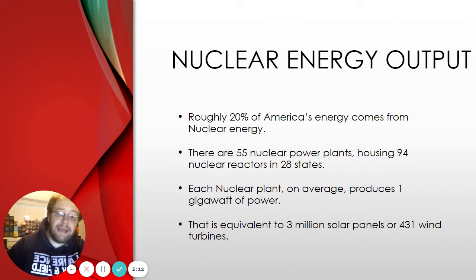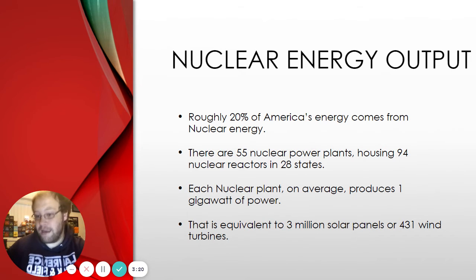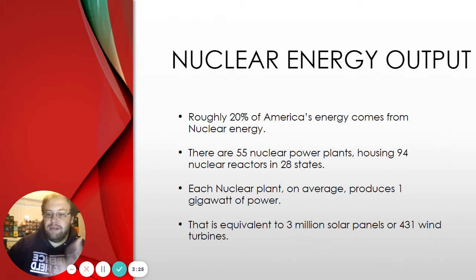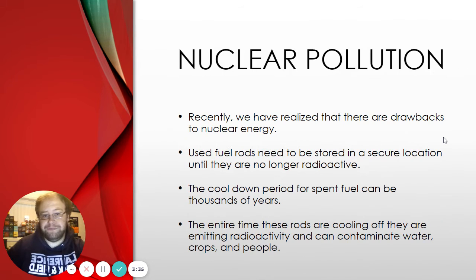Each nuclear plant, on average, produces about a gigawatt of power, and that's equivalent to 3 million solar panels or 431 turbines. So it does produce a lot of energy, which is awesome, right? We consume a lot of energy in this country, and nuclear energy does not have the same kind of carbon footprint that coal and oil does.